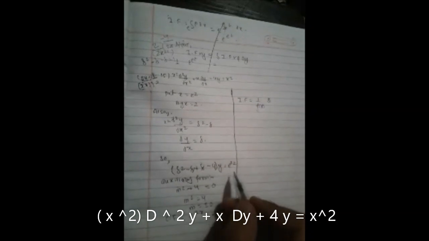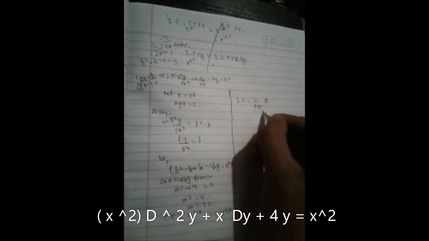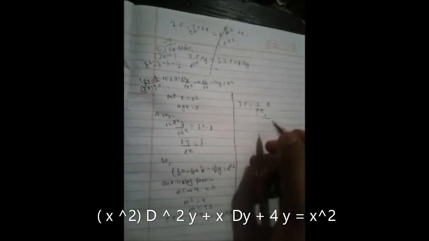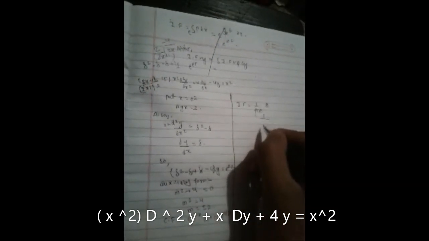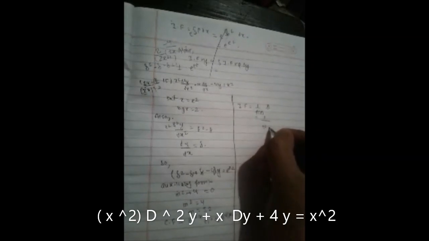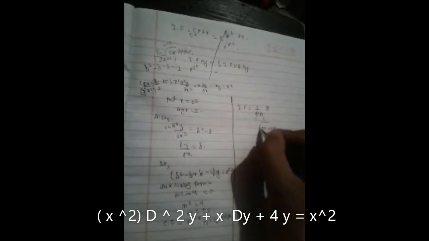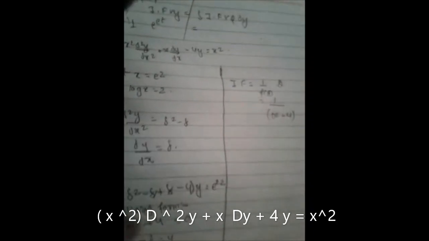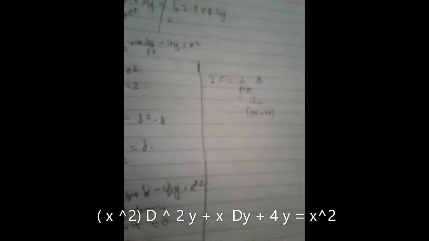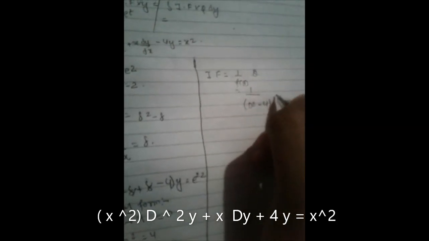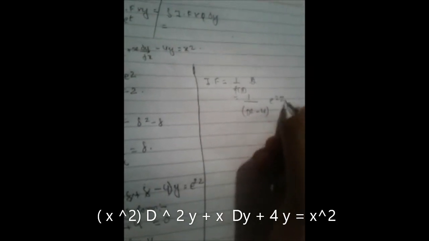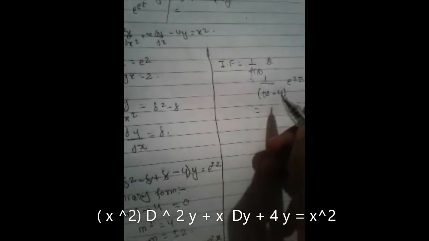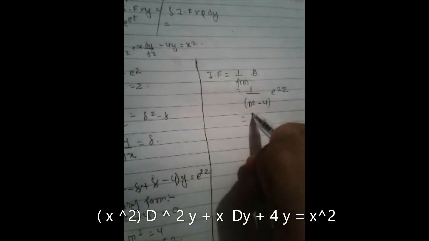This is our Q. 1 upon f(D) is changed into f(rho), so rho square minus 4 and e to the power 2z. So we write it as 1 upon rho square minus 4 of e to the power 2z.